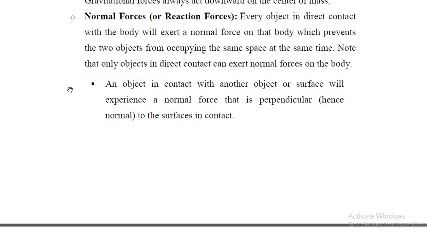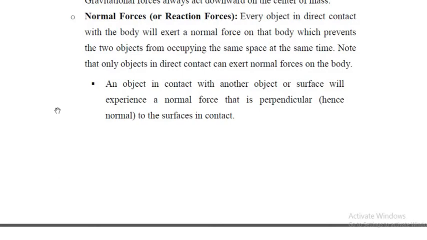Normal forces: I already mentioned that for every reaction there will be some normal forces which help to prevent bodies from occupying the same space at the same time. A body in direct contact can exert normal forces with another object or surface, perpendicular to the surfaces in contact.